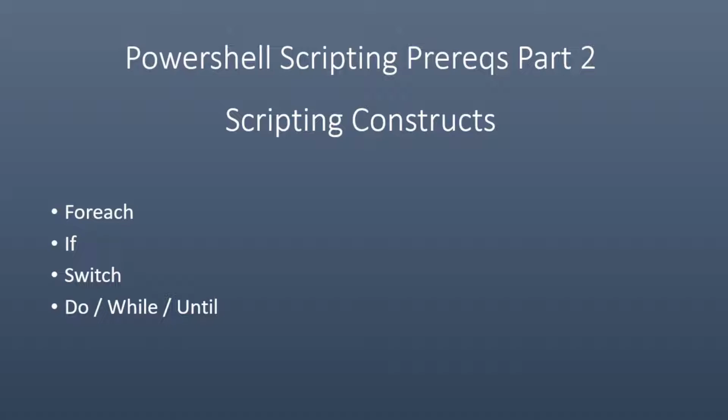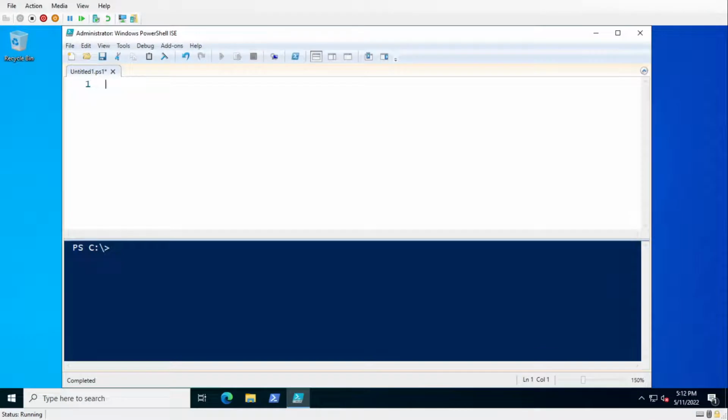So let's switch over to our demo environment and have a gander here. The first construct we're going to talk about is the foreach. Now the foreach construct, not to be confused with the ForEach-Object cmdlet, allows me to work with an array, a variable that's cast as an array, and be able to do something to each object in that array one at a time.